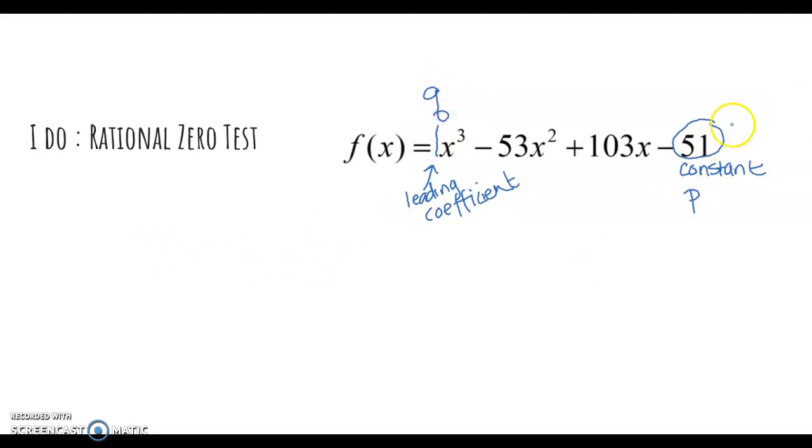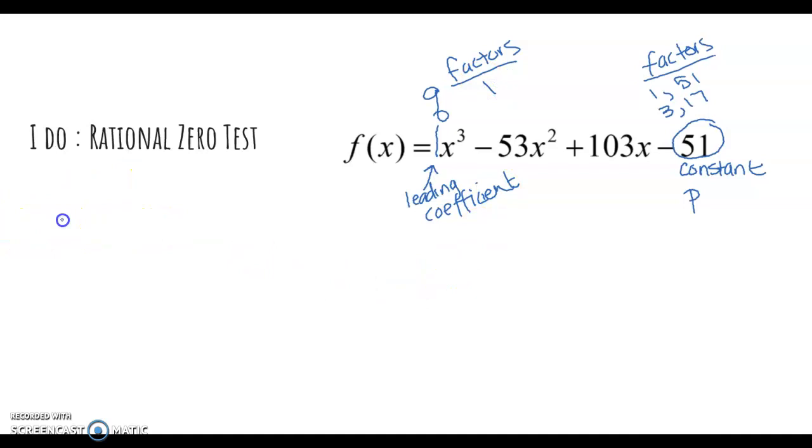So what we're going to do is list all of the factors of 51, which are 1 and 51, 3, and 17. And all of the factors of our leading coefficient, in this case, is just 1.